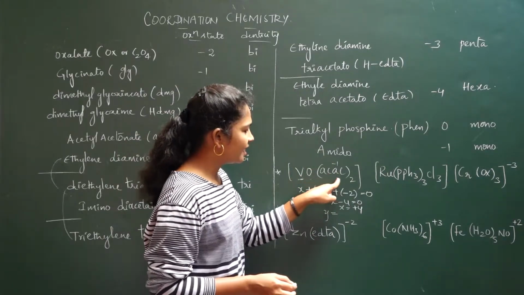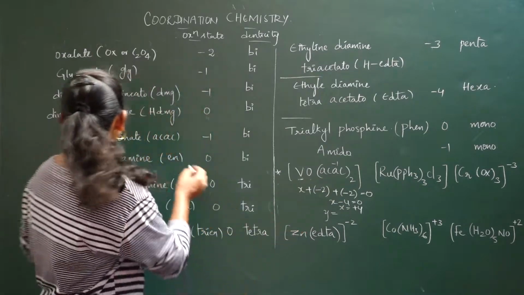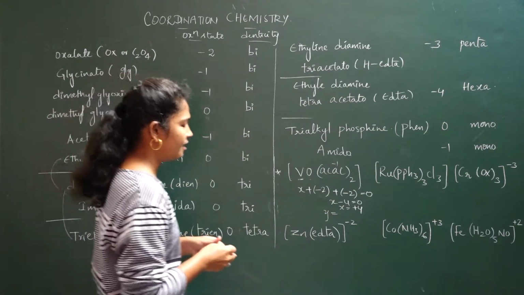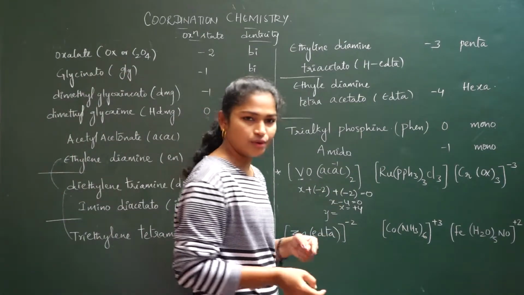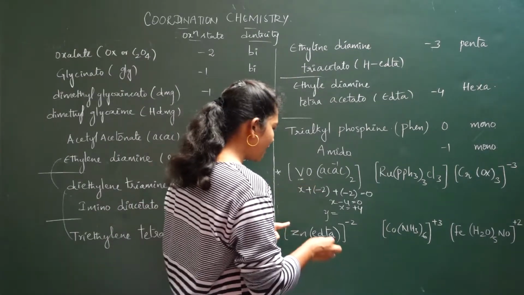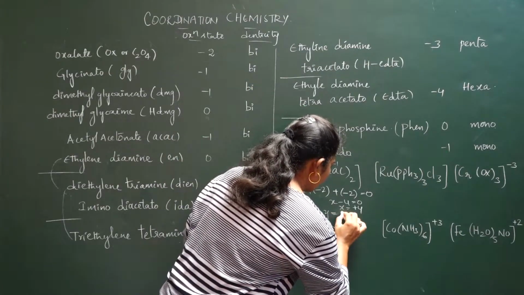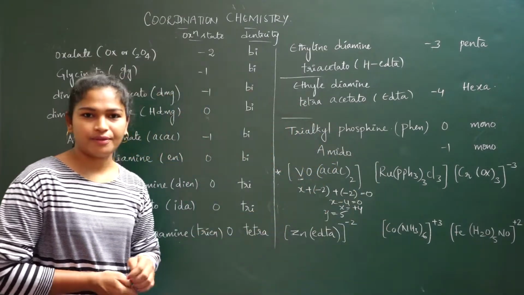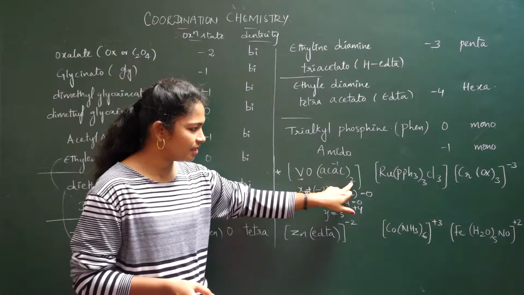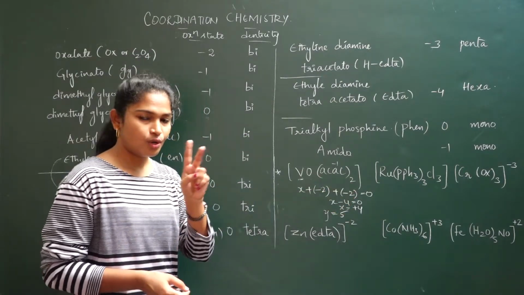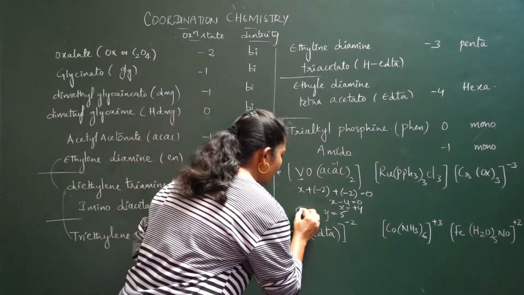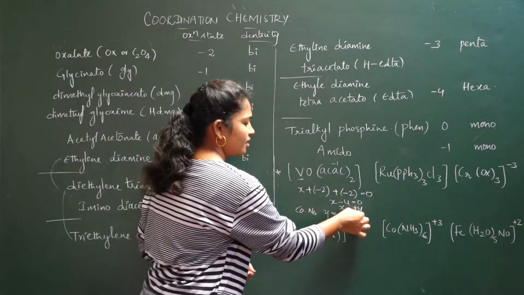And what is the denticity of ACAC, acetyl acetonate? Bidentate. How many bidentate are there? 2. So 2 twos are 4, and this one is 1, so it is 5. The coordination number is 5, and the oxidation number is +4.